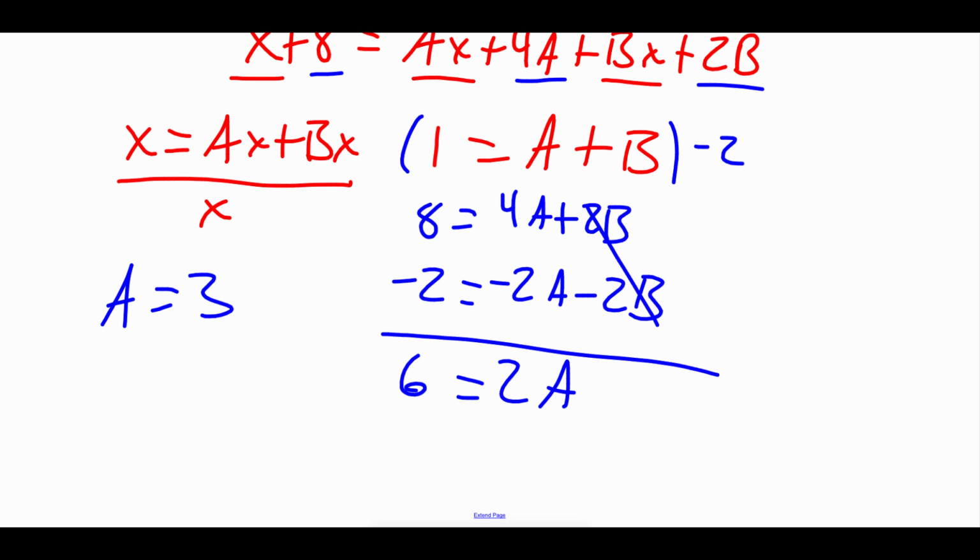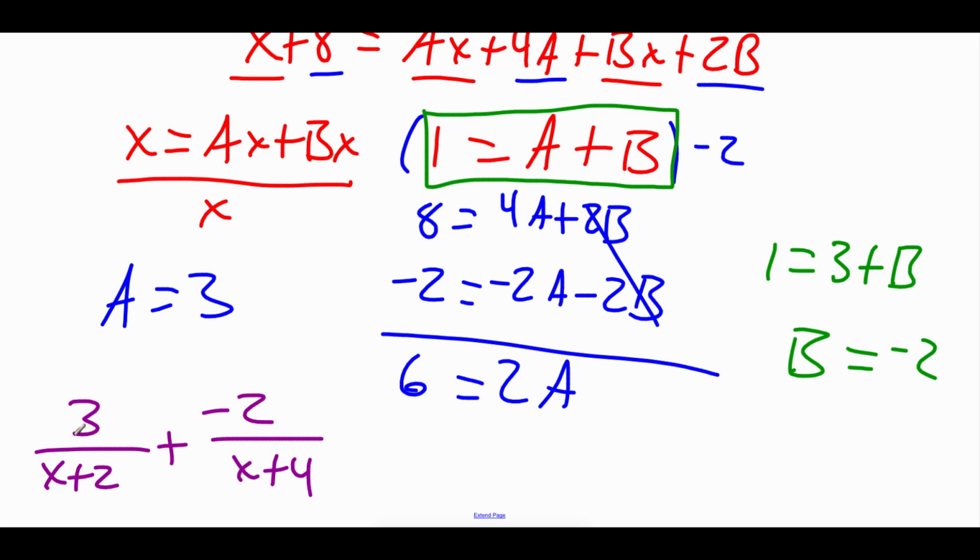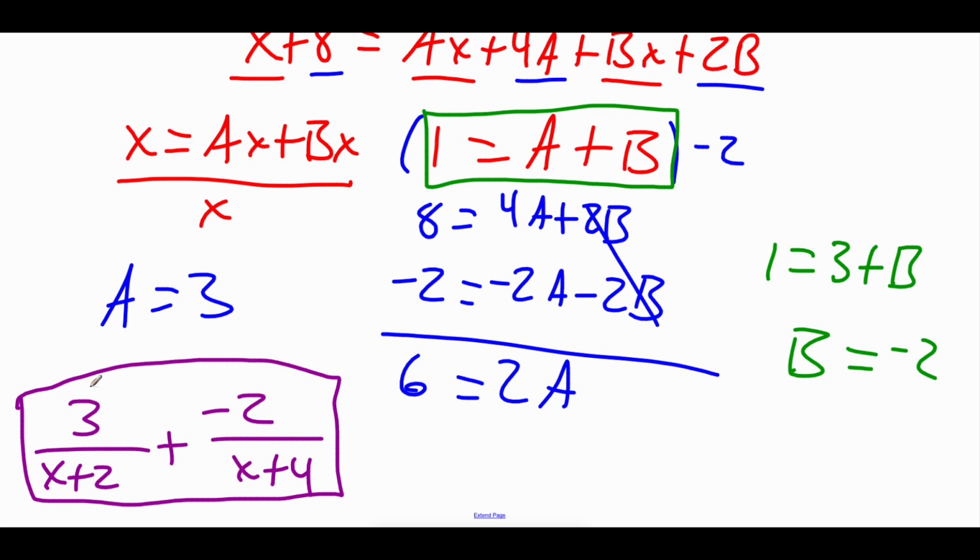If we take that a value of 3 and plug it into this equation right here, 1 equals 3 plus b, we end up with a b value of negative 2. Then looking at our fractions that we started with up at the very top, our a value is 3, so that first fraction is 3 over x plus 2, plus our b value we just said was negative 2 over that x plus 4, and here is our partial fraction decomposition.